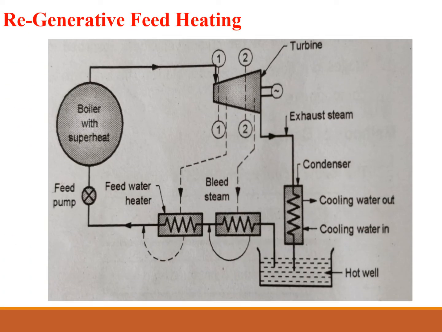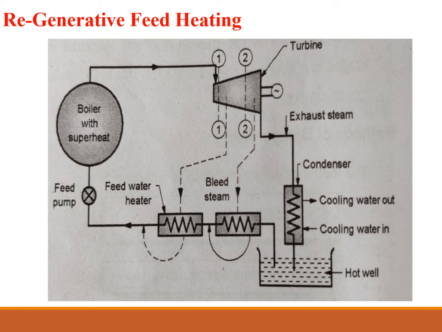Regenerative feed heating. The process of draining steam from a certain section of the turbine during its expansion and using this steam for heating the feed water supplied to the boiler is known as regenerative feed heating. Feed heating systems are of two types. One, when the bleed steam does not mix with feed water.